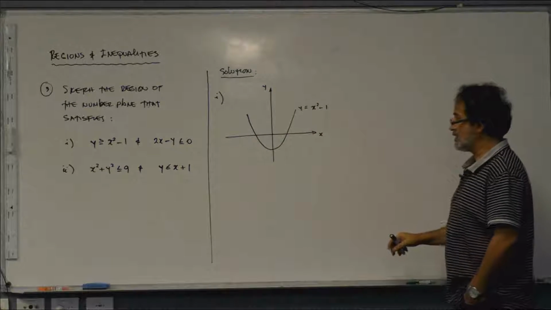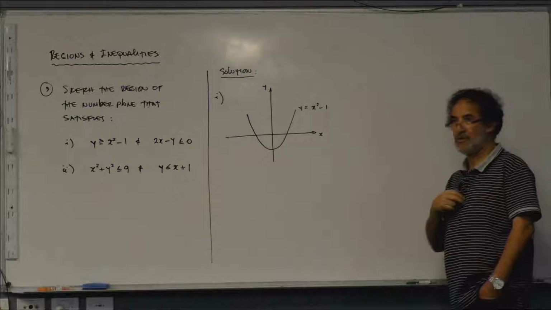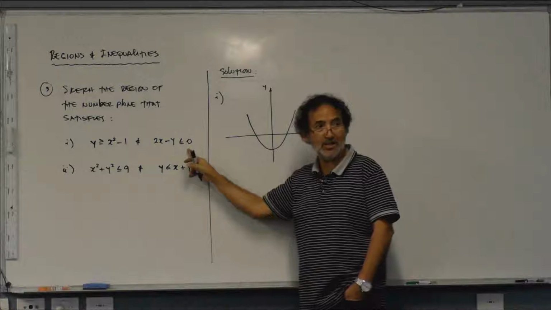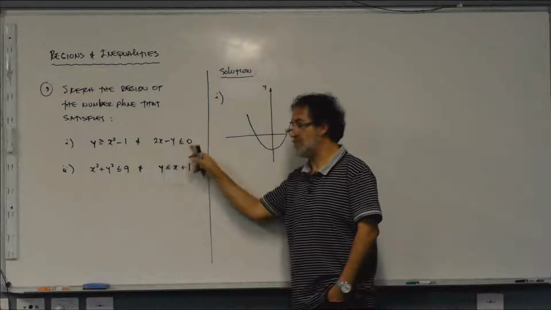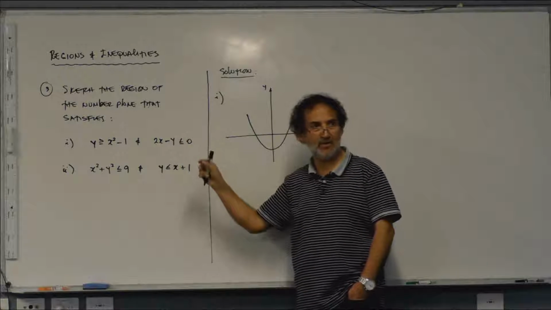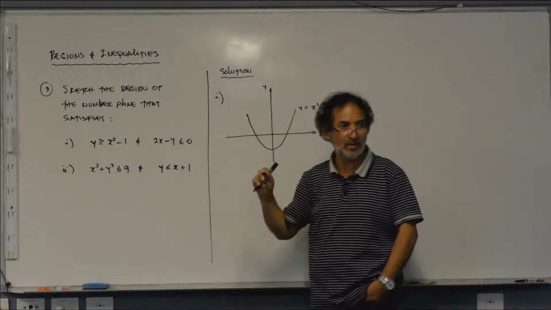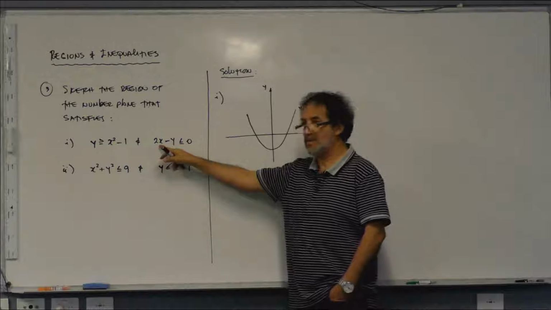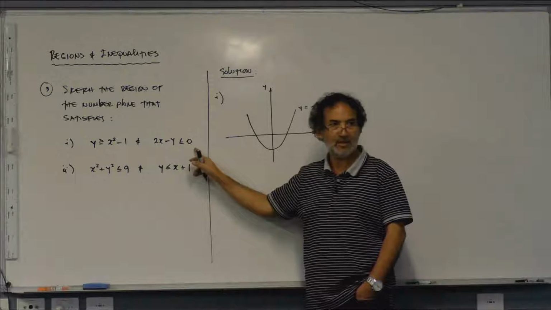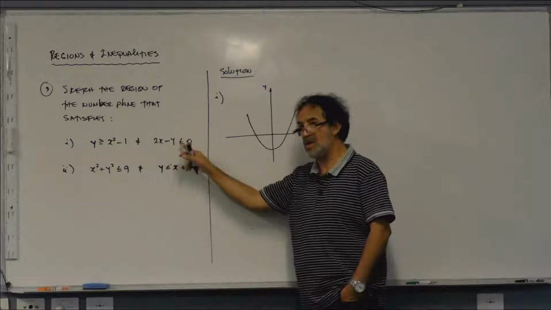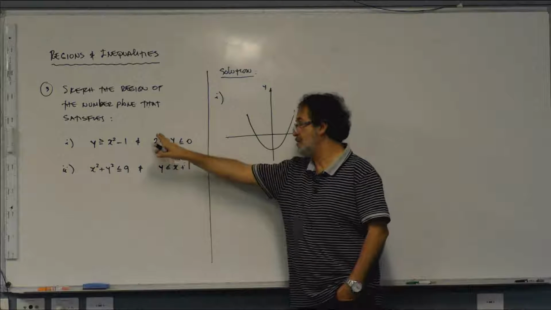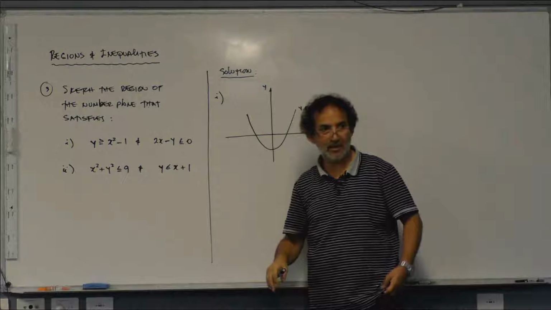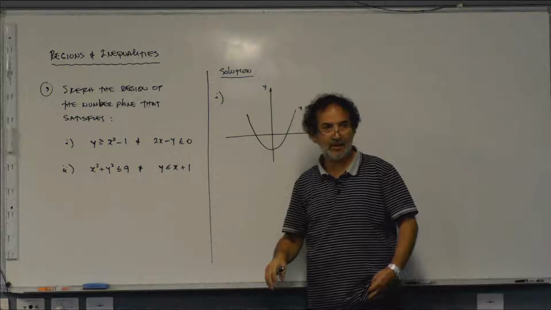When x equals 0, I'm going to picture this being an equation. So 2x minus y equals 0, and when x equals 0, what is the answer for y?